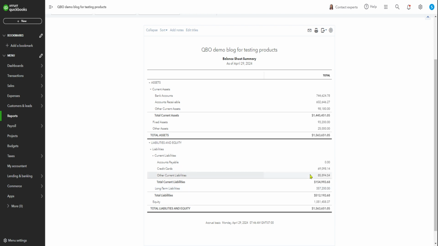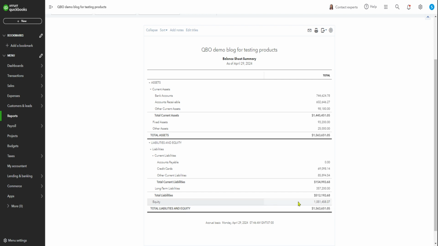You may have totally different current and long-term liabilities, but whatever you see in the total liabilities, that's the one you want to use. And on the equity side, it could be the total equity. Basically, 512 divided by 1051, you get that ratio.